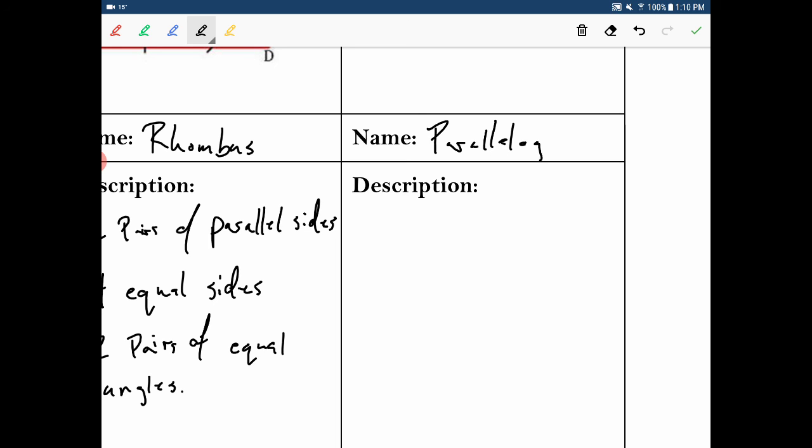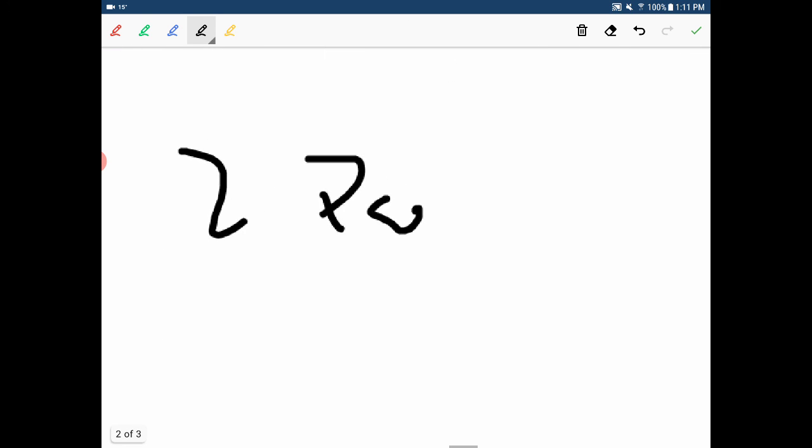So parallelogram. To be a parallelogram, you have to have 2 pairs of equal, parallel sides. Oh, I am just getting so messy here. You can't even read that.